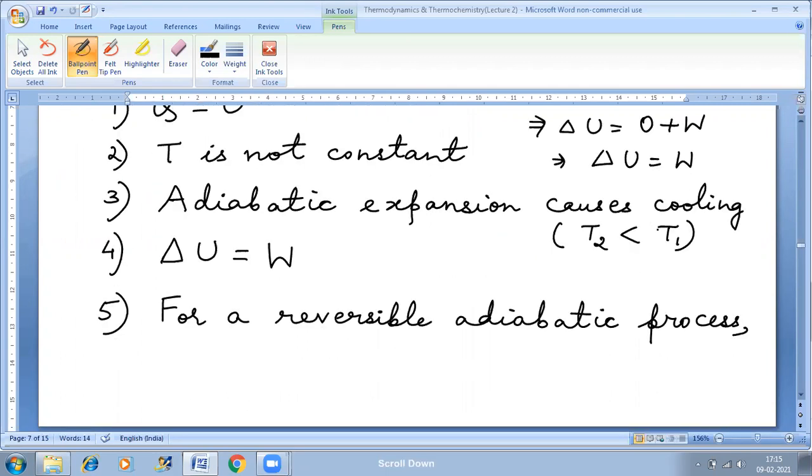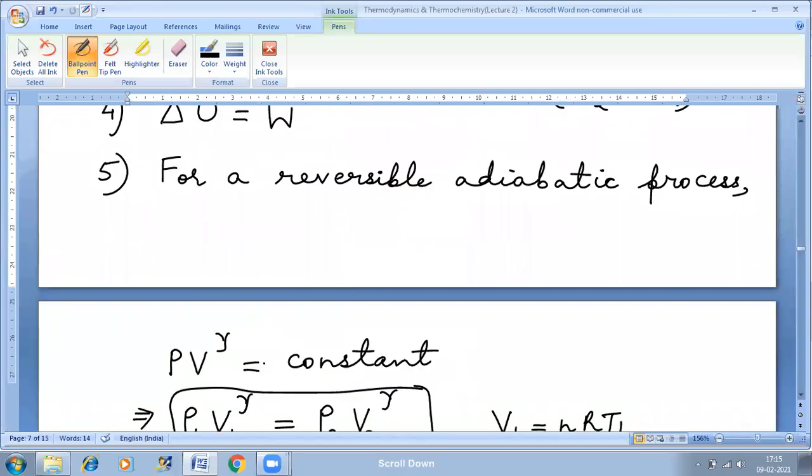Now, for a reversible adiabatic process, if the question has clearly mentioned that the adiabatic process is reversible, then we can use this relation. For a reversible adiabatic process, PV to the power of gamma is constant.